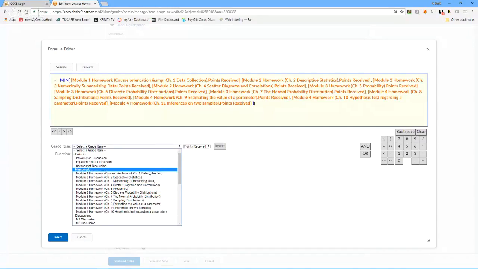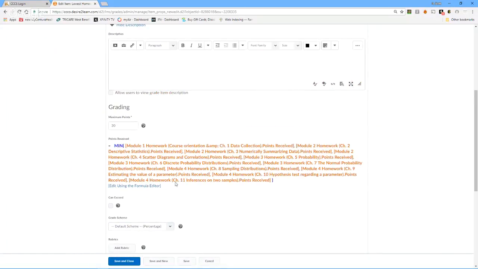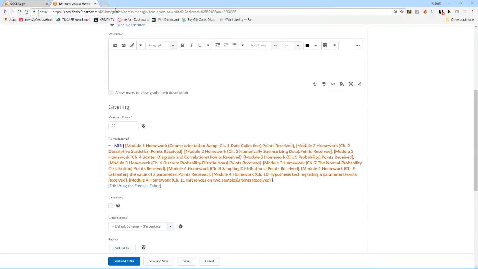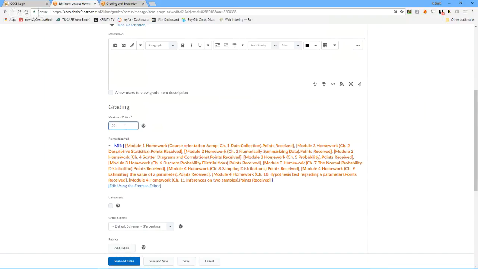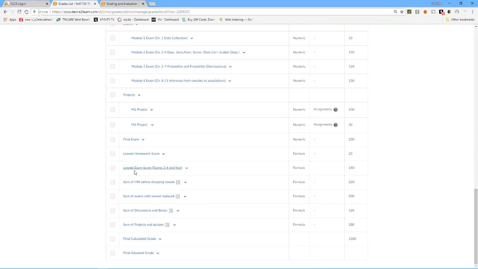So you go through and click homework 1, insert, comma, homework 2, comma, insert, and so forth. That tells you what the lowest homework score is, and that matters because on our grading and evaluation page, we're dropping the lowest homework score, the best 10 of 11 homeworks. So maximum 20 points in this case because each one's 20 points. So I calculated that formula. That's the lowest homework score.